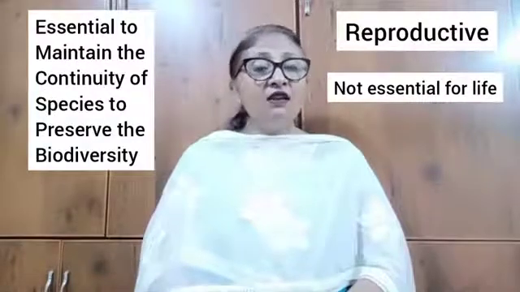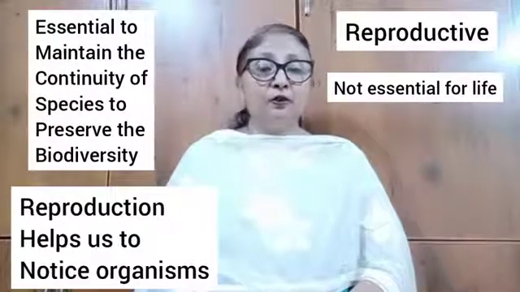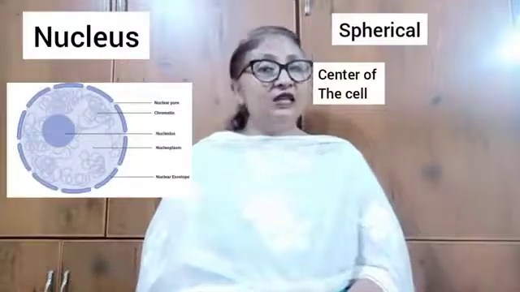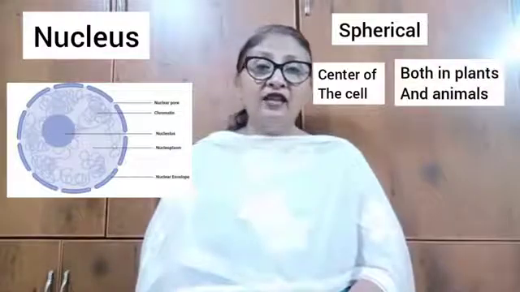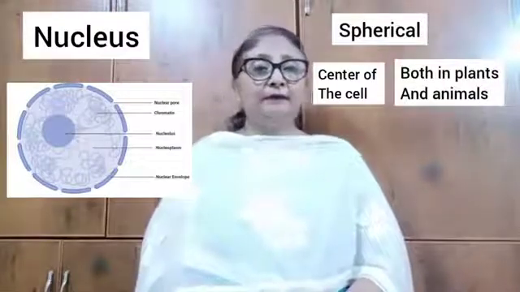And it is because organisms reproduce that we notice them. Let us now discuss the structure and function of the nucleus. Nucleus is a spherical structure found almost in the center of a cell. It is found both in plant and animal cell.